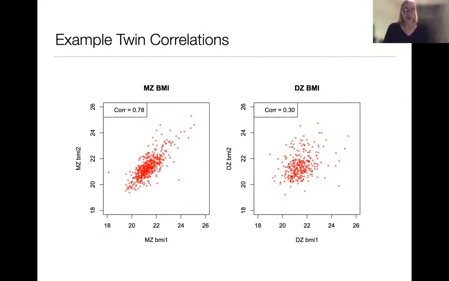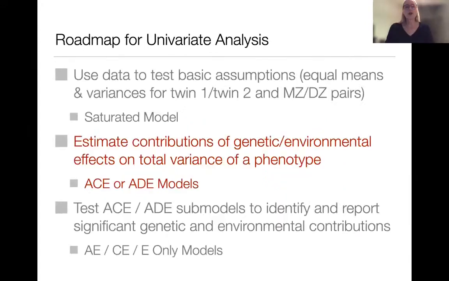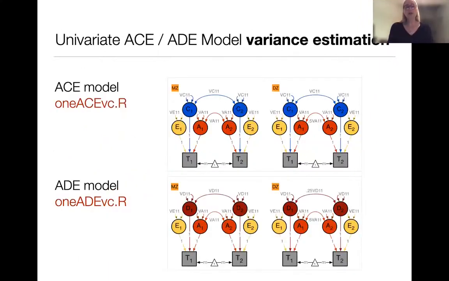Thus, the DZ correlation is less than half the MZ correlation, which is consistent with potentially being additive and dominance genetic factors contributing to this phenotype rather than shared environment. So what we'll do now is go through the OpenMx script that fits the ADE model, but it's easily adjusted to fit the ACE model, and we'll estimate the contributions of genetic and environmental effects on the total variance of this phenotype.